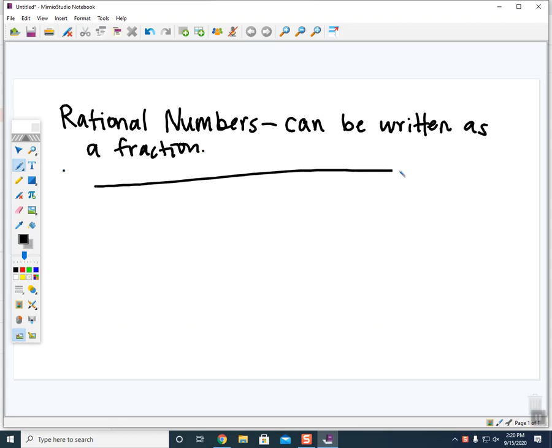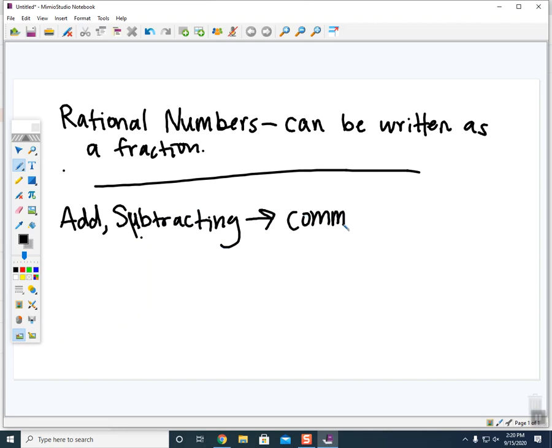So if we are adding or subtracting, the one thing that we need is a common denominator. I can't add or subtract without it.